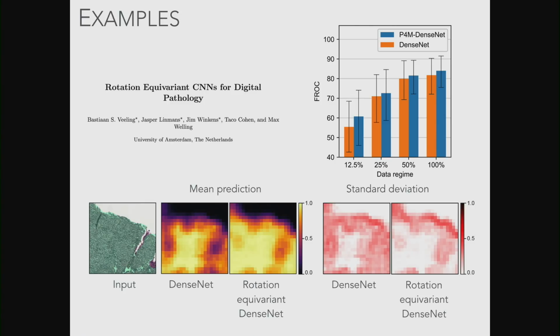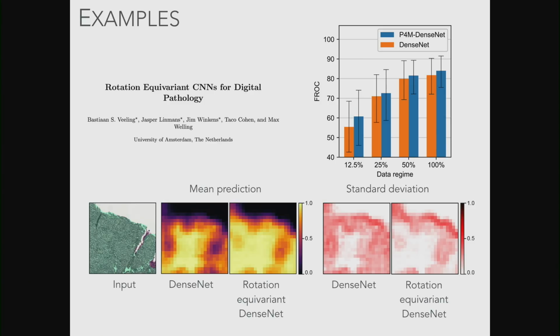And then we're predicting, I really apologize, I cannot remember what we're predicting. I think we're predicting the presence of tumors. We've got the mean predictions for a classical CNN and then a rotation equivariant one. So actually roto-translation equivariant, sorry. And then we've done some Bayesian stuff on the right. But this stuff is less interesting from the point of view of this particular talk, but it's always nice.